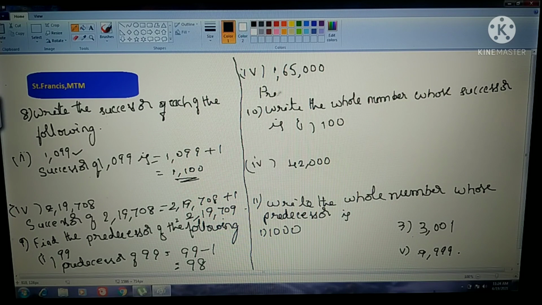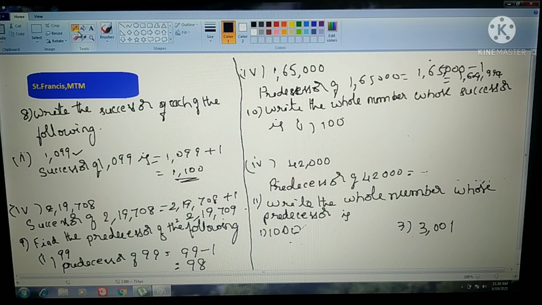Here also we have to find out the predecessor of 1,65,000. So what we have to do? 1,65,000 minus 1. How much? 1 lakh. The answer is 1,64,999.